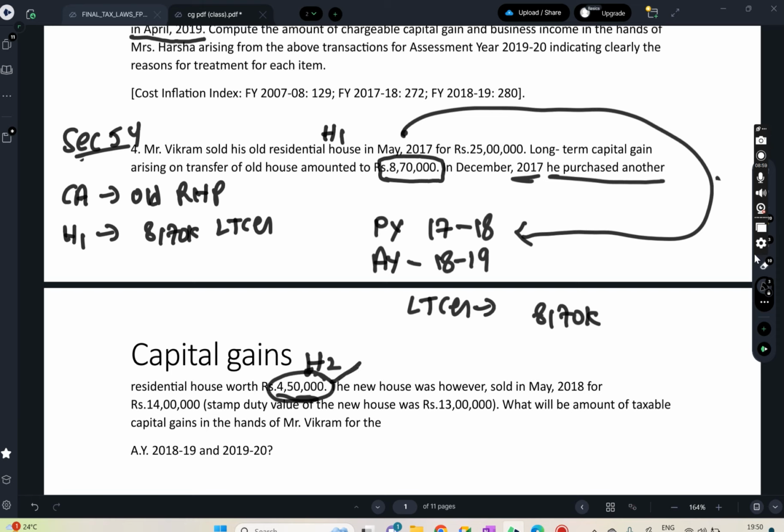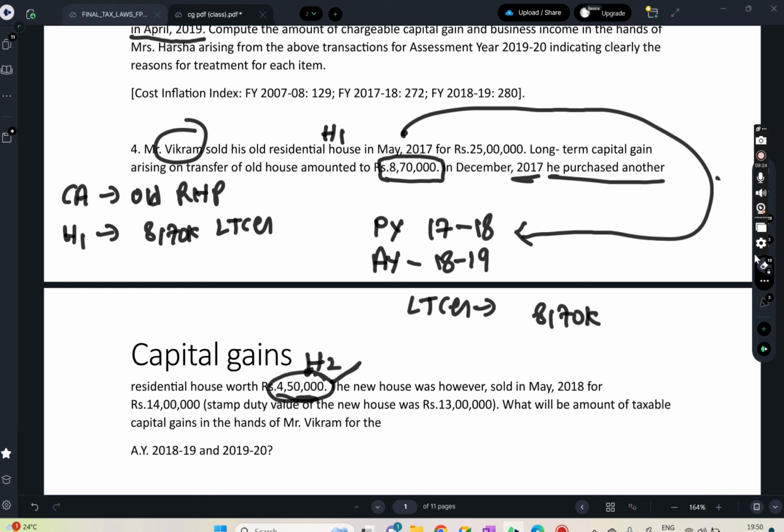Now can I claim this as exemption or not? Can you guys tell me? What is the condition? I have to buy within 2 years and construct within 3 years. Did I satisfy all the conditions we have written there? Vikram is an individual, everything is satisfied. Can I claim this 4,50,000 exemption?